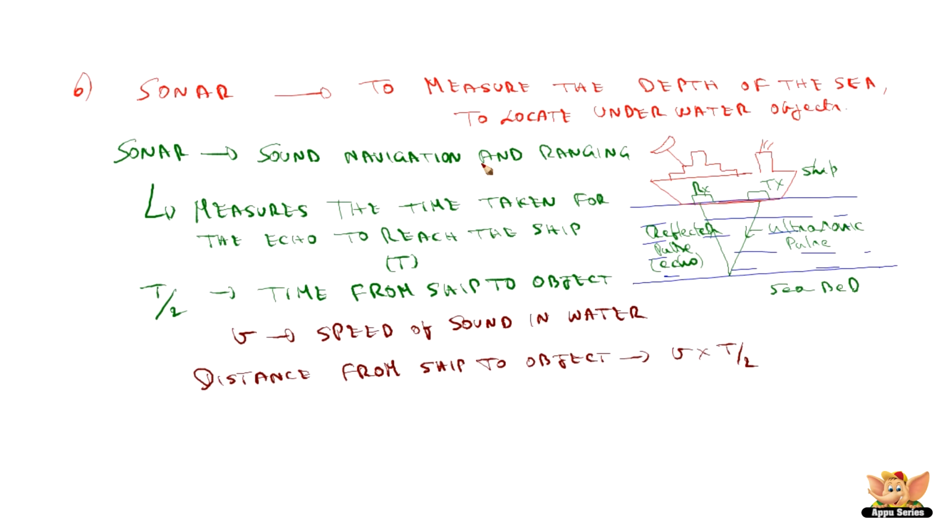And the transmitter and receiver, generally in the sonar, work on a 50 kilohertz signal. They send a 50 kilohertz signal, and the receiver, when it receives the echo back, converts it into an electrical signal.